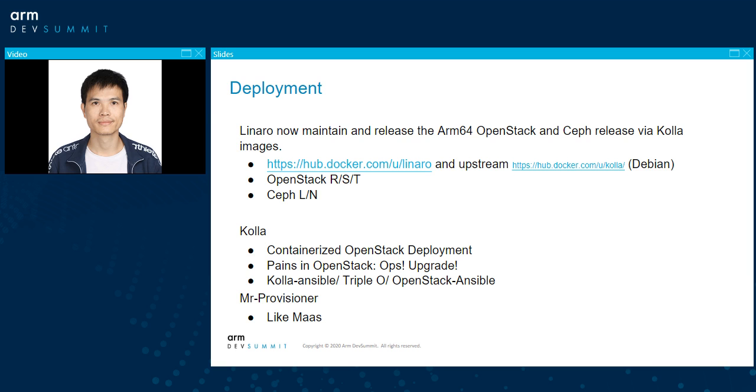And for that, we release L and N versions. And for provisioning the bare metal machines, we also developed a tool called Meter Provider. Okay, this is the deployment solution.